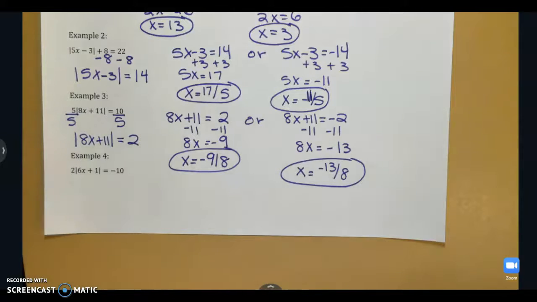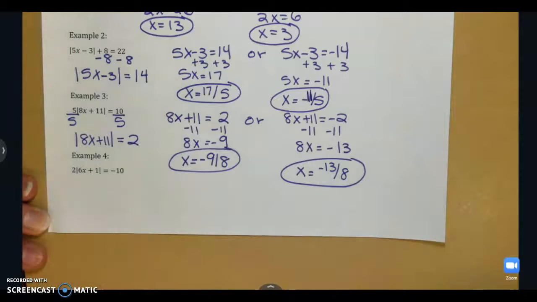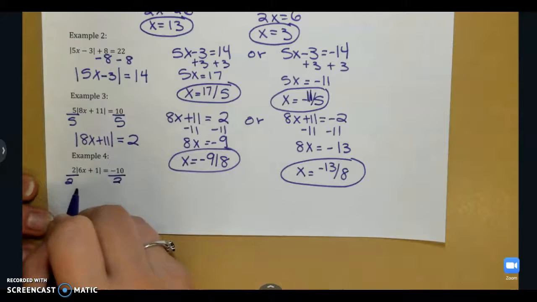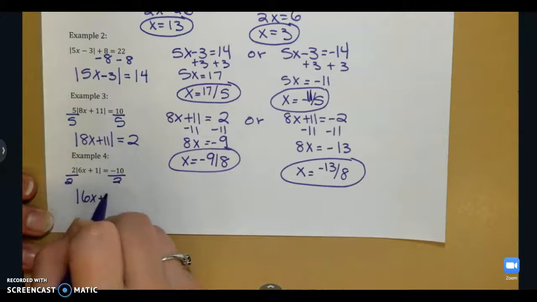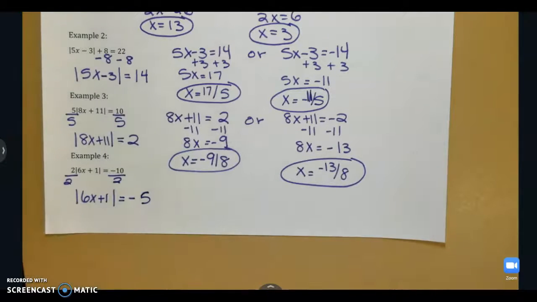Okay? And last on this page, example 4. Again, before I can set my absolute value equal to anything, I need to move that 2 over. So the absolute value of 6x plus 1 is equal to negative 5. Now recall, my absolute value has to equal a positive number because we're talking about distance from the number line.